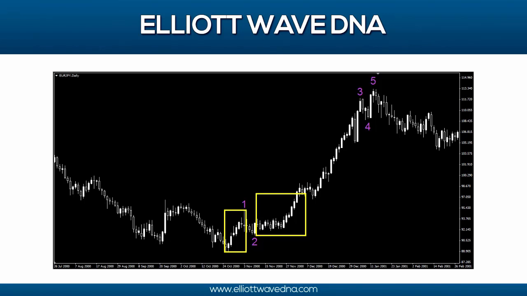And the final rule is that wave 4 needs to remain above the starting point of wave 2. In this case, wave 4 didn't even come close to the territory of wave 2. So we can say we have a perfect 5-wave move to the upside, and after that we would expect to see a 3-wave pullback before a new uptrend comes.